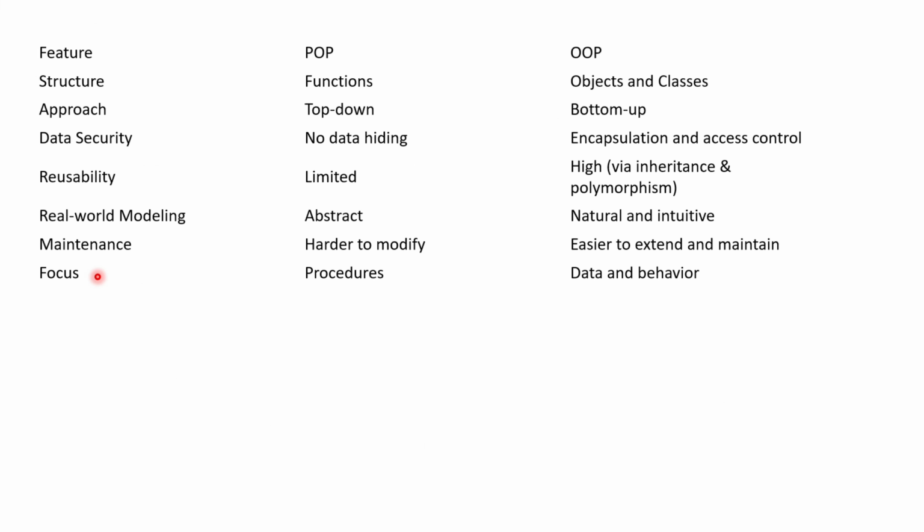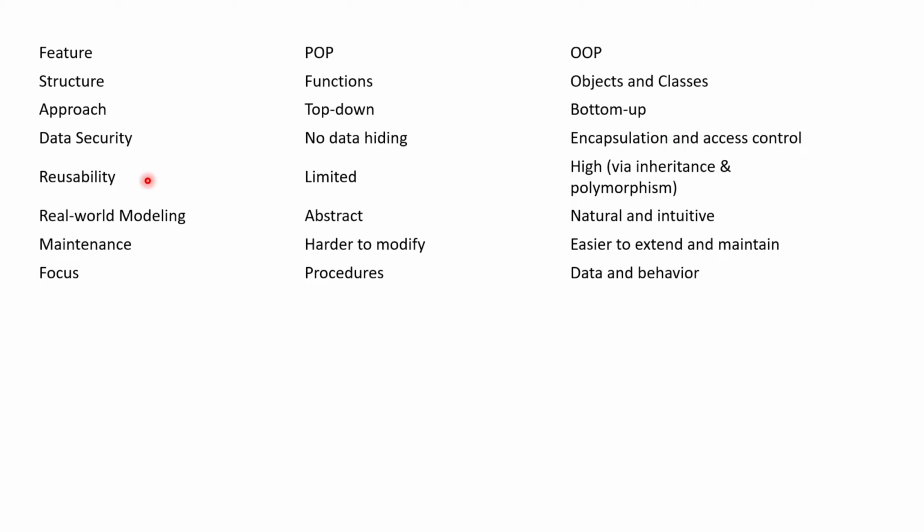And the next is the comparison between all this. That is the features. Features of POP, the first one is in the sense of structure. POP is function structure, and OOP is objects and classes, and the approach here is top-down in procedure-oriented, while object-oriented has bottom-up. For data security, there is no data hiding in procedure-oriented, while object-oriented has encapsulation and access control.